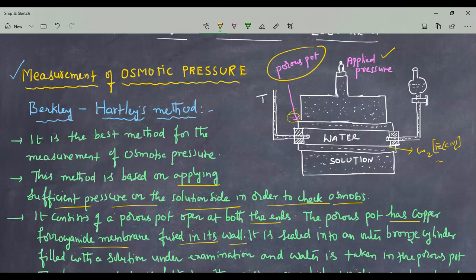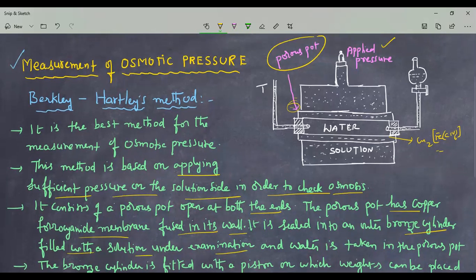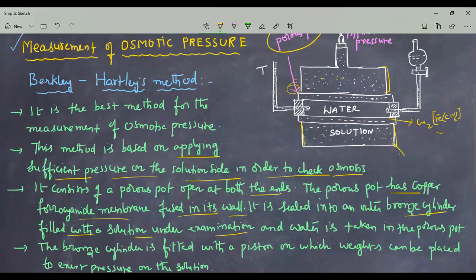It is also sealed on the outer side with the bronze cylinder fitted with the solution under examination. Here, the bronze cylinder is a cylindrical one, and in the picture we are only showing it like this because it's not a three-dimensional picture, and it is filled with solution.